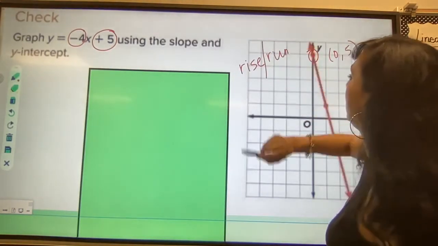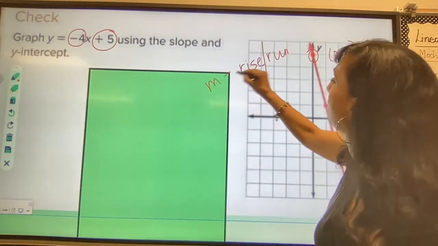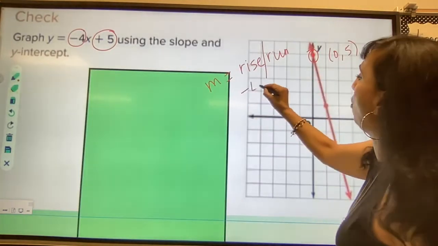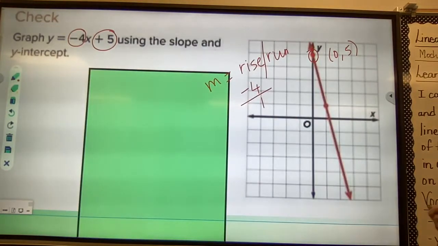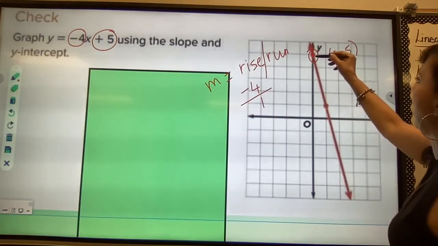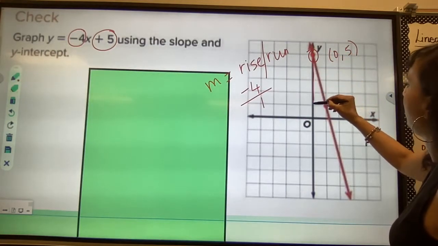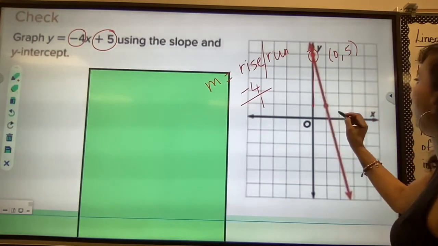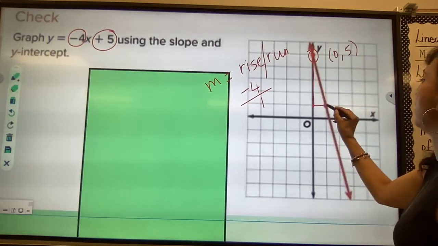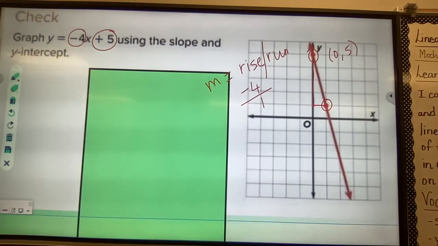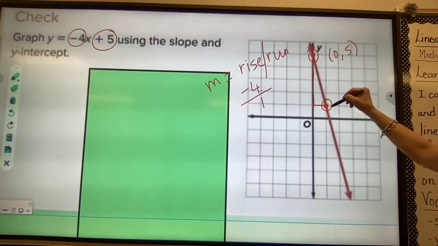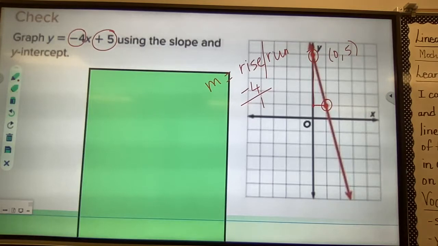My rise is how much? Negative 4 over run is going to be 1. All right, so when I am graphing this, I have 1, 2, 3, 4 this way. That's a negative 4 and 1 to the right. So here is my point. All right, and then I am going to connect the dots and extend the line for me to graph this. Okay, let's do another one.